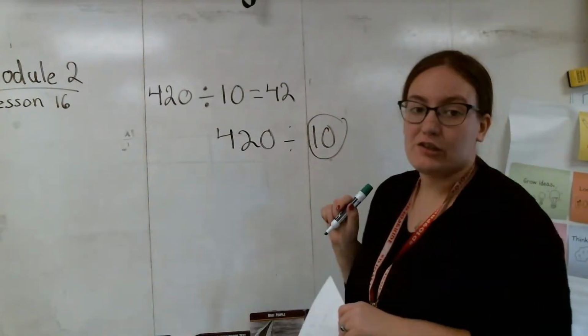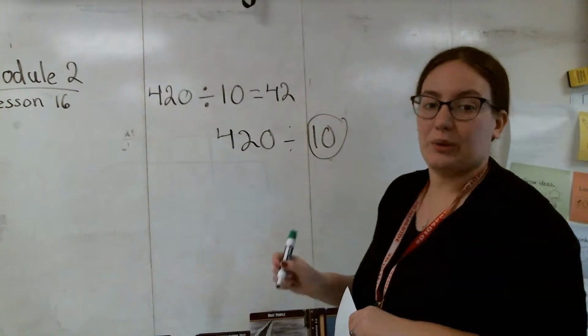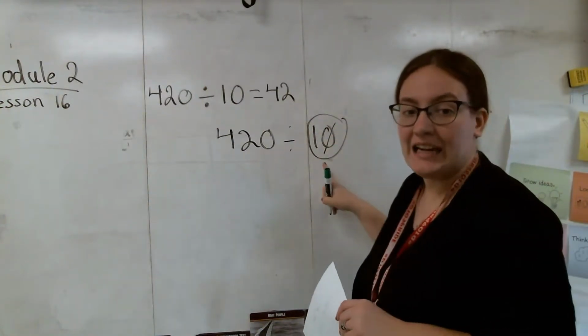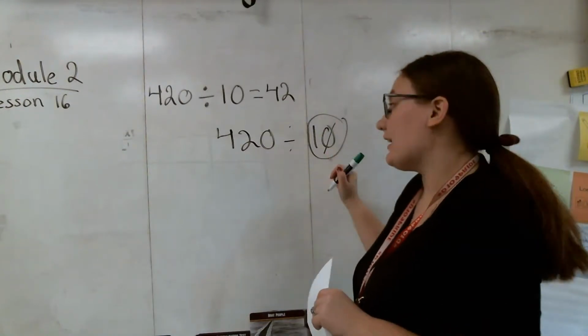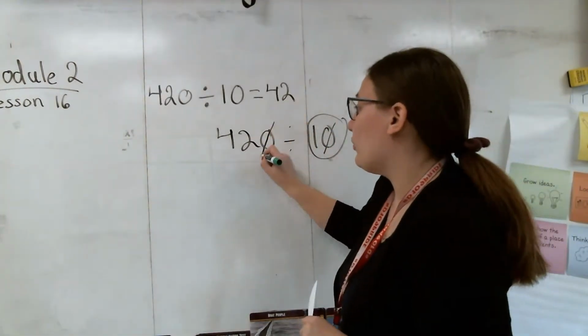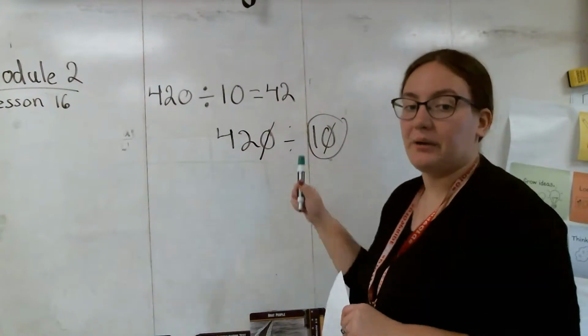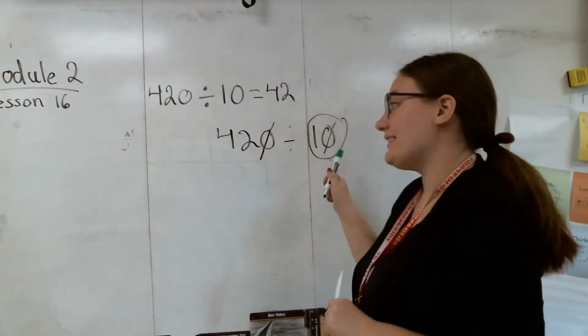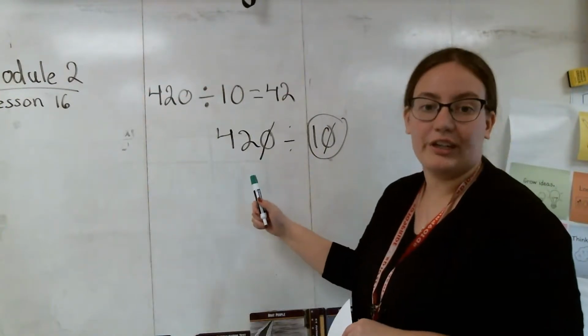This 10 has 1 zero. So what I'm going to do is I'm going to cross off this 1 zero, and since I crossed off 1 zero over here, I'm going to cross off 1 zero over here. Remember, it only matters how many zeros are over here. It does not matter how many zeros are over here right now.